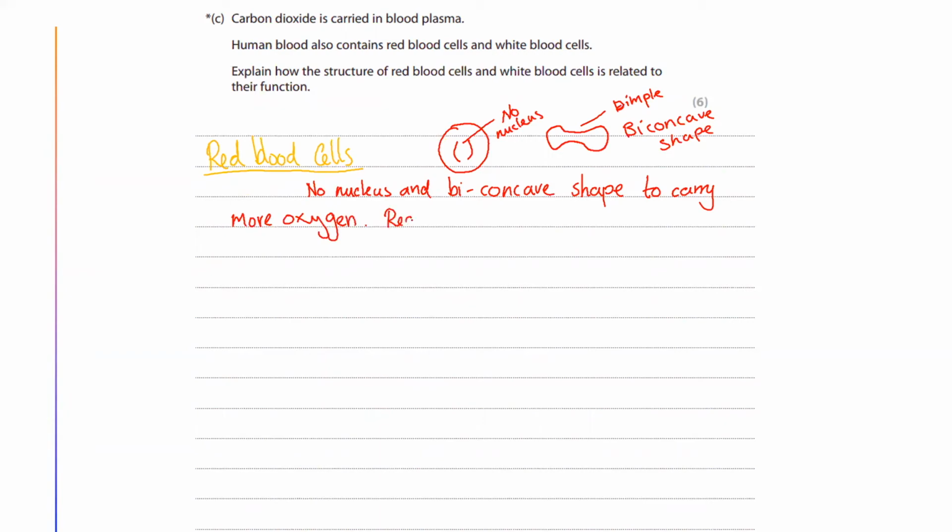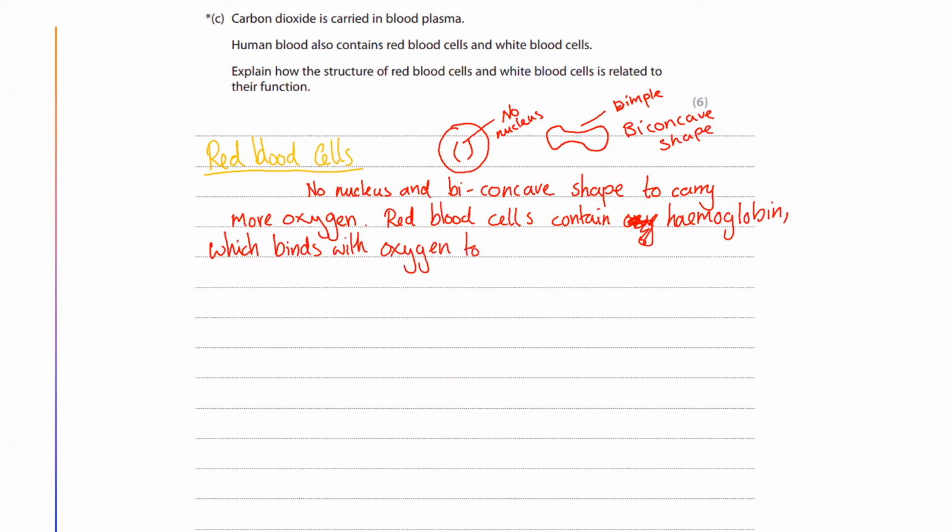Red blood cells are also red because they contain hemoglobin, which binds with oxygen to make oxyhemoglobin.